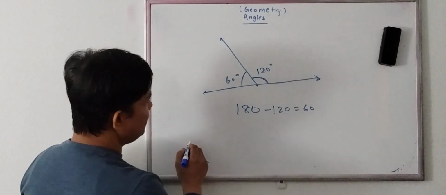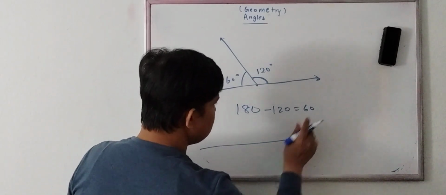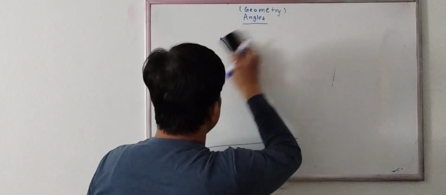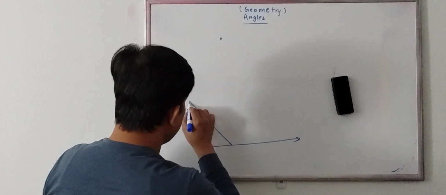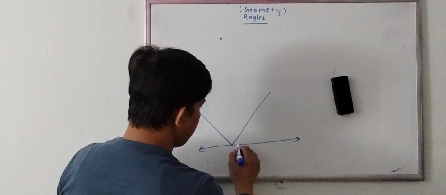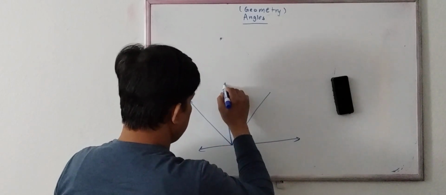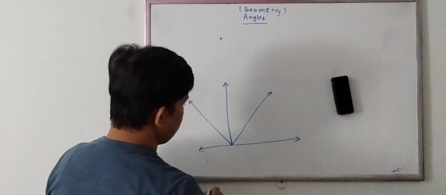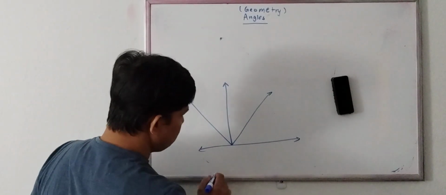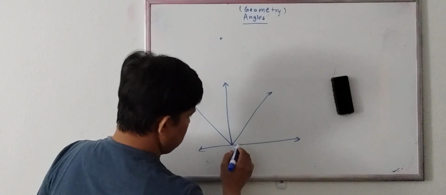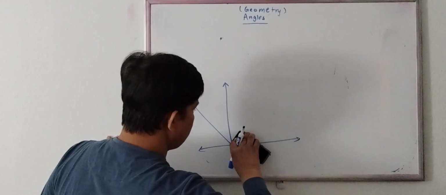Okay. Now take another example. Let's say you have more than 3 lines. One is here, going here, going here, and going here. Okay. Let's forget about this one.